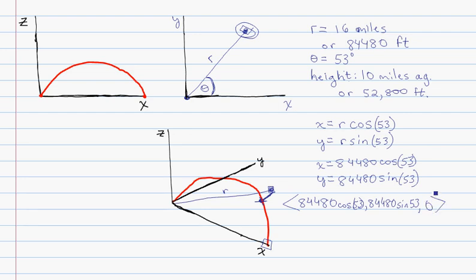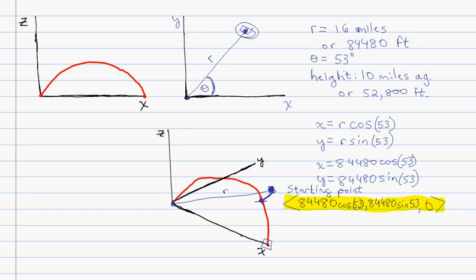And that's because we're still in the XY plane. We're still flat on the ground here, just like they were flat on the ground here. There is no height yet. So we're starting on the ground together. That's where we would start. That's our starting point.